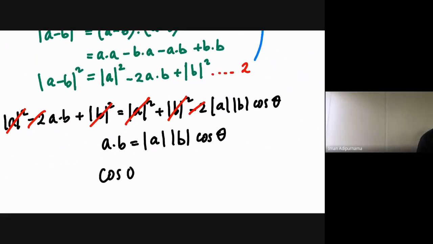So you can write this as this also, and observe the angle. And the requirement is that A and B should be non-zero vectors. If it's zero, then we cannot apply this relation.